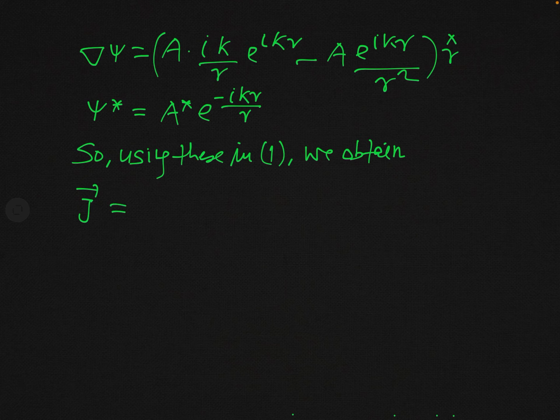And so now you can see what will be this J. This J will be equal to, as I have written it in equation 1, this will be h cross over m times imaginary part of psi star.